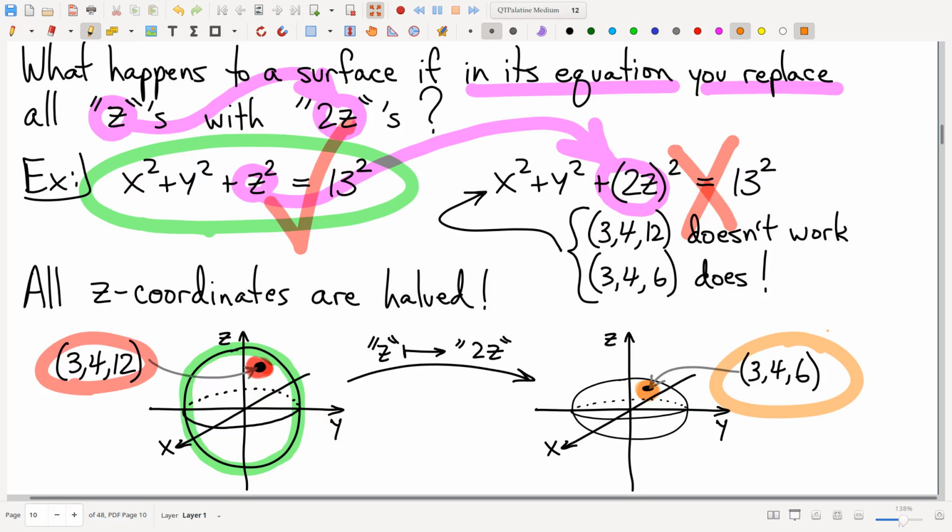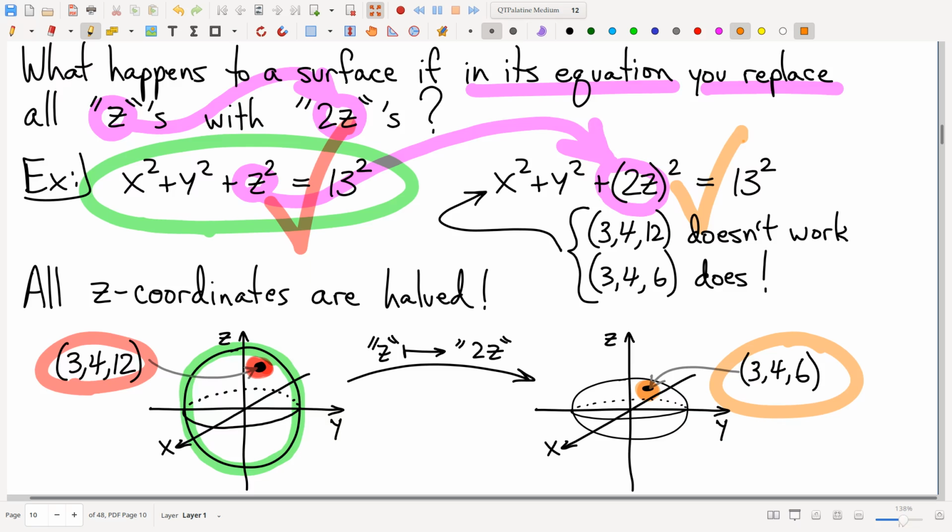That 6, when you put it in there, gets multiplied by 2 to make the 12 that gets squared, as it was supposed to, in some sense. So the arithmetic of putting this orange point into the new equation is morally the same arithmetic as putting this red point into the original equation. Everybody see that so far?